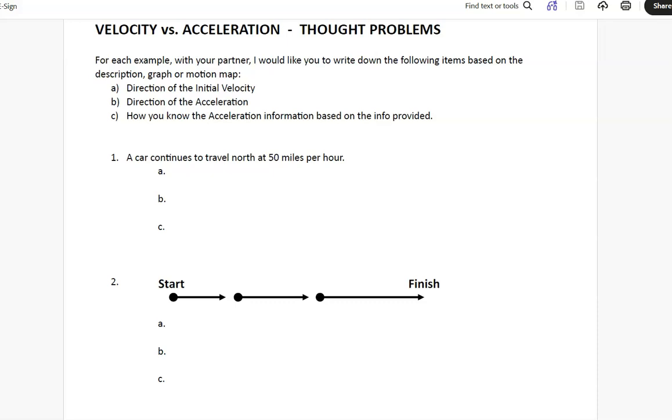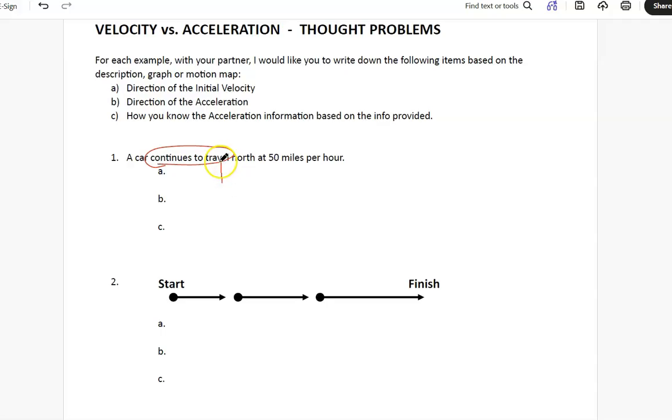All right, so number one says a car continues to travel north at 50 miles per hour. Well, it says continues to travel. That's your big clue. Continues to travel is telling you the velocity is constant. And north is the direction.